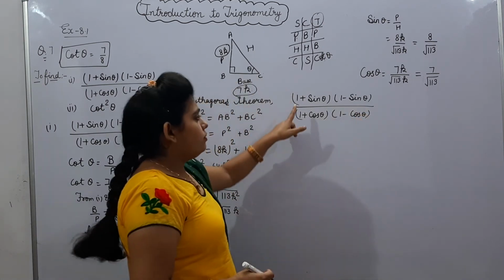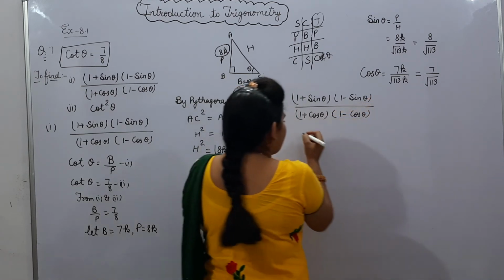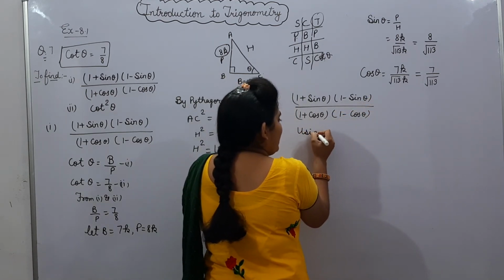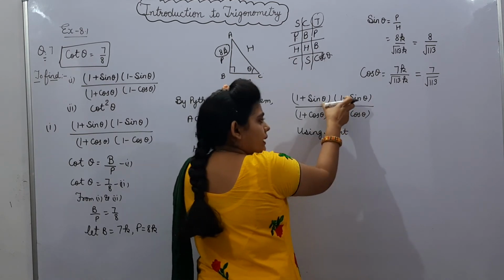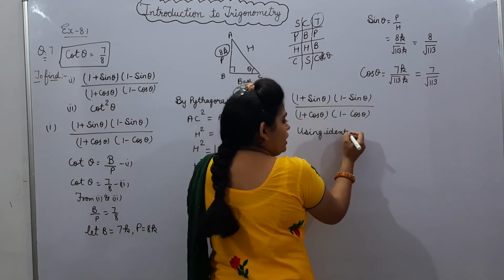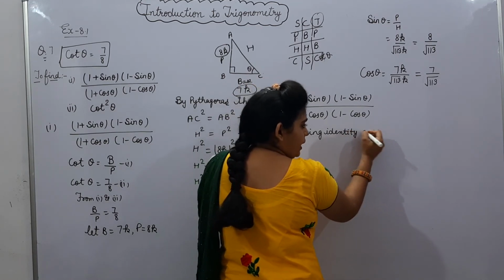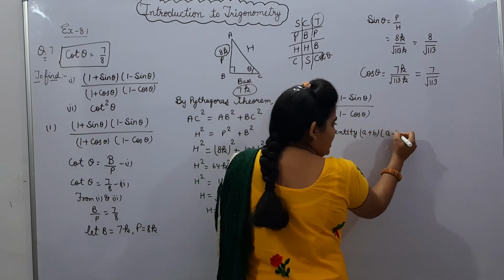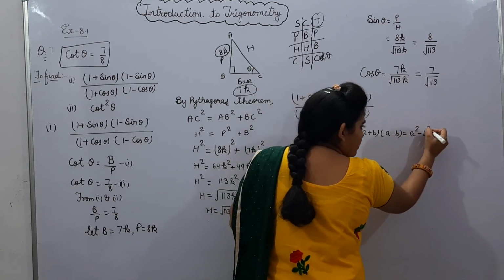As we can observe, this is (a + b)(a − b), so we use the identity (a + b)(a − b) = a² − b².